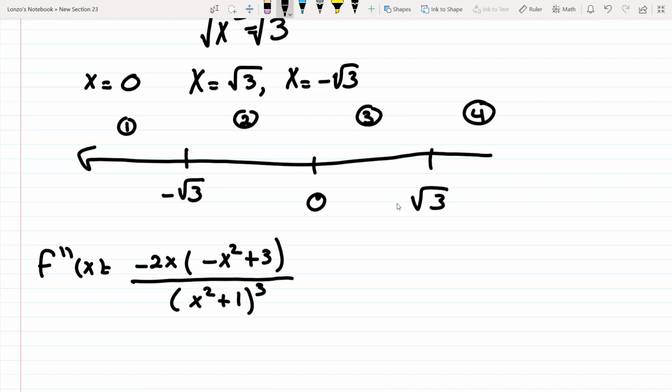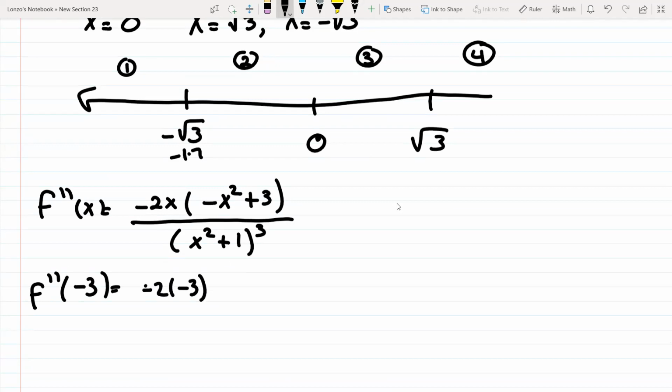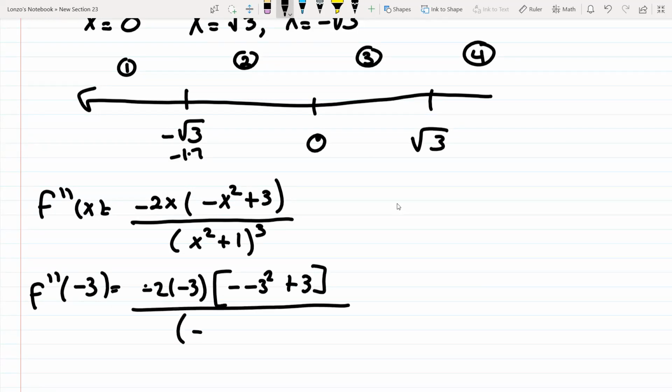Okay, and then let's test boundary 1. Negative radical 3 is about negative 1.7, so I need a number less than that. Maybe I could use negative 3. When you put negative 3 into the function, you get negative 2 times negative 3, bracket negative 3 squared plus 3 bracket, over negative 3 squared plus 1, to the cubed.